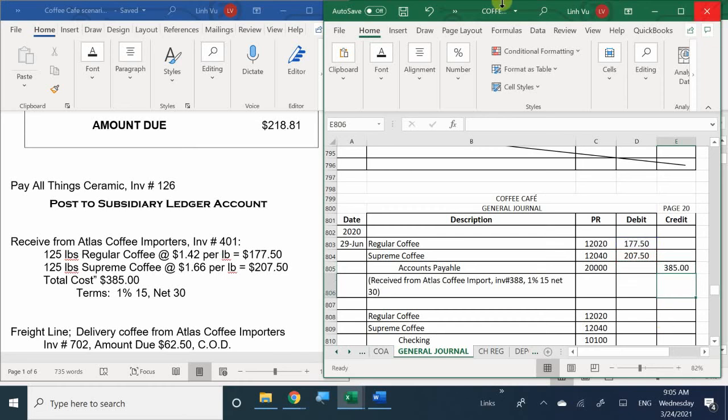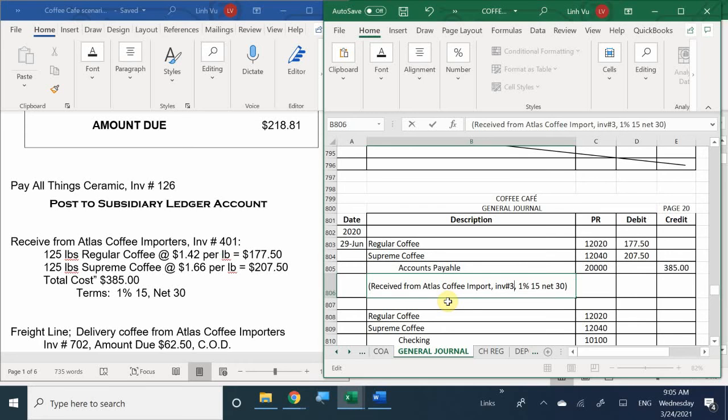Okay, gonna adjust my little entry here. So what invoice number is this? 401. Invoice number 401. Okay. So what's next?